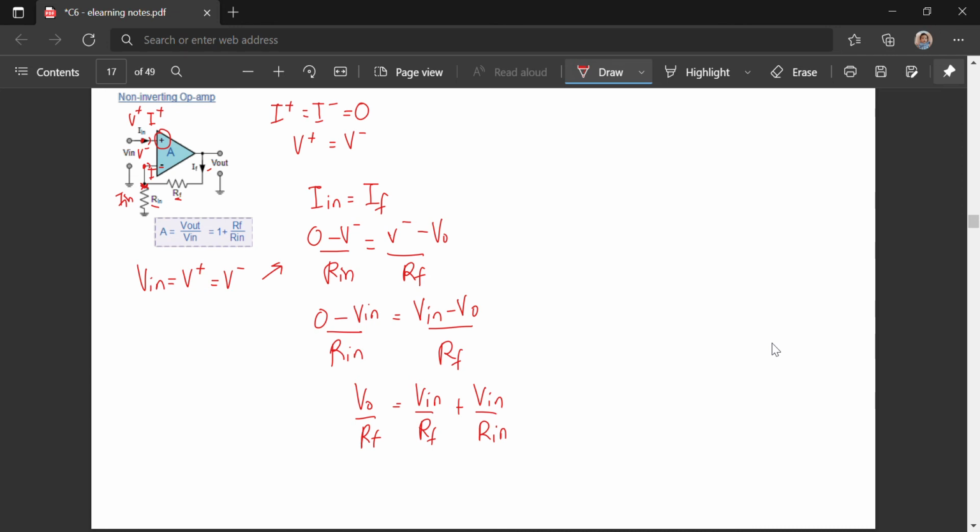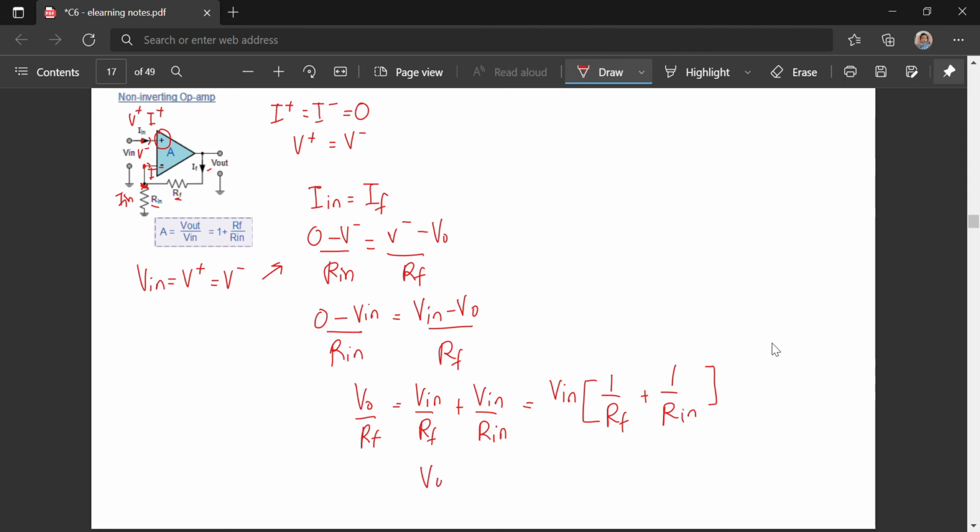If we simplify the equation, it will be V in times the bracket of 1 over R F plus 1 over R in.